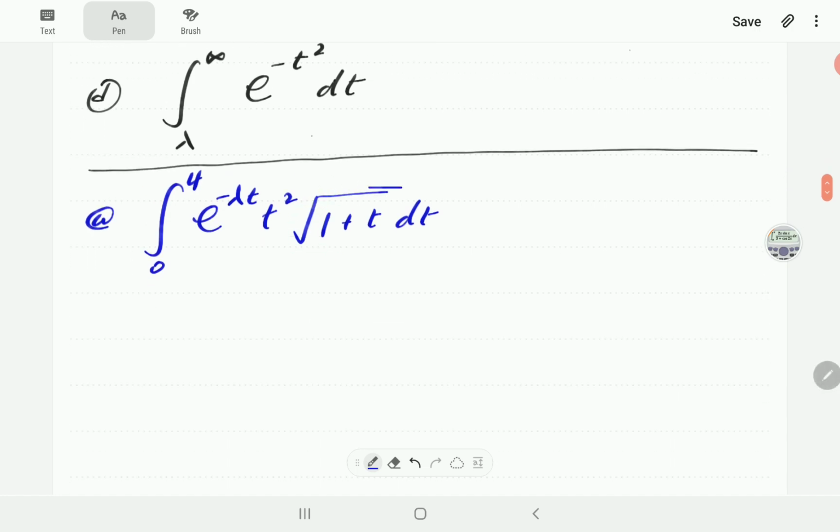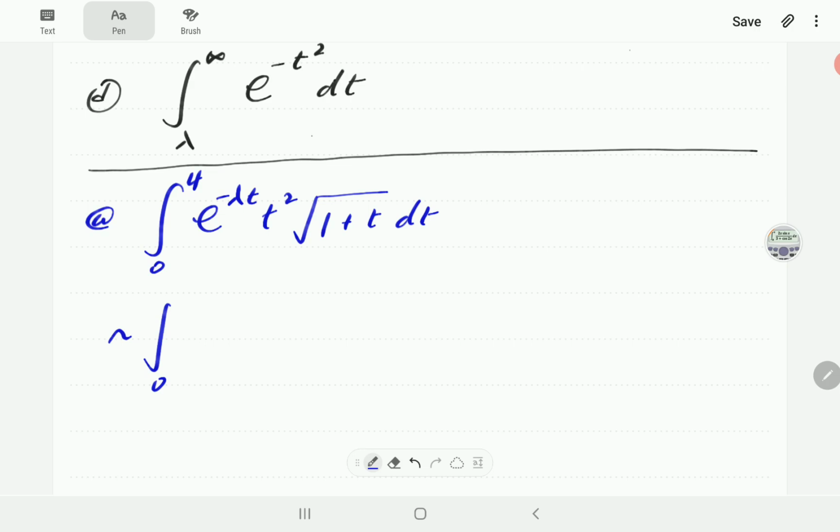So this here is our f of t, which we're going to need to expand in Maclaurin series. Now the Maclaurin expansion of this one is going to work out exactly the same as the binomial, whichever way you take it.